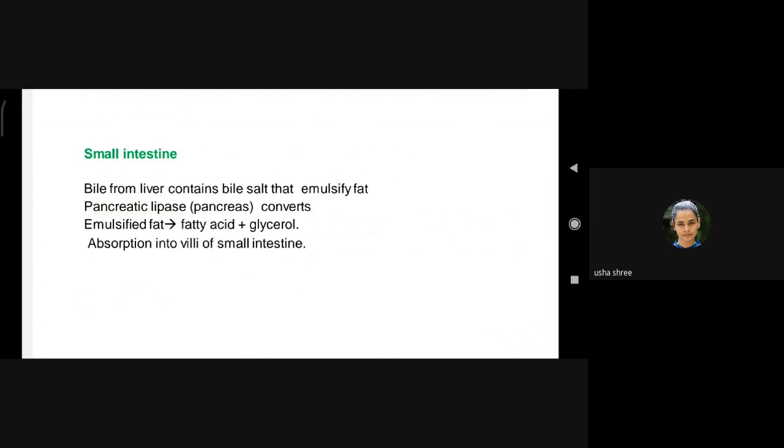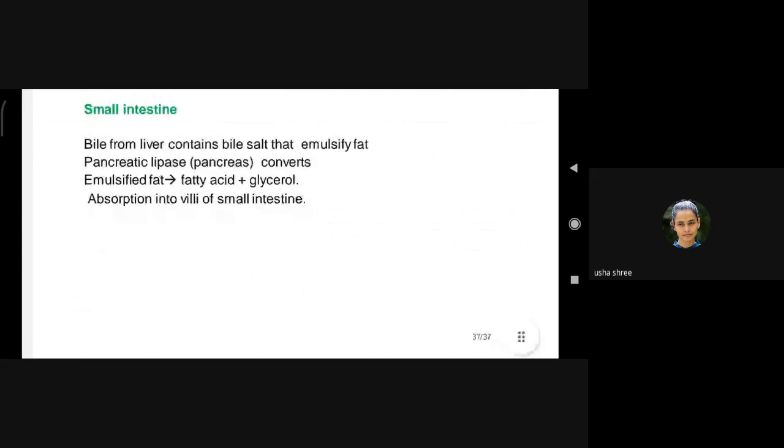So this is the simplest form of fat, fatty acid plus glycerol, which is absorbed into villi from the small intestine. Fat goes to the small intestine, and bile salt comes to the duodenum and emulsifies the fat, which is converted into fatty acid plus glycerol, and then the small intestine absorbs this.